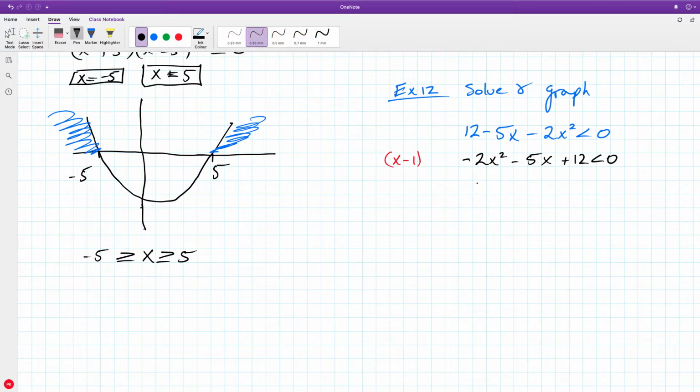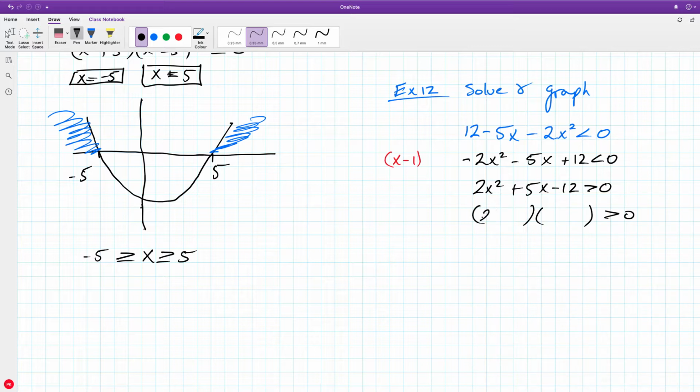So you said 2x squared plus 5x minus 12 greater than 0. Why do we flip the sign? If you divide or multiply by a negative number, you must flip the sign. Then you can do your bracket.